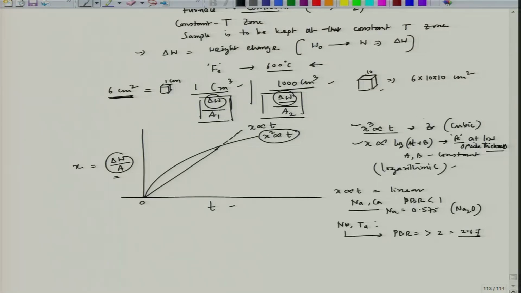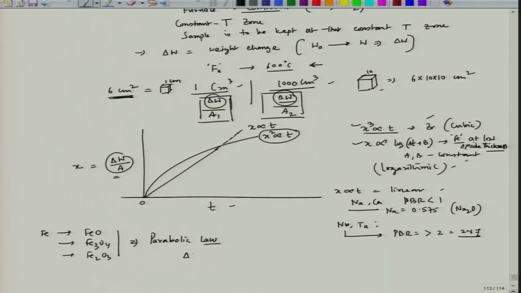Now, we could see that there is a cubic law, a logarithmic rate law, a linear rate law, and in case of iron to iron oxide, Fe3O4, or it can be going to Fe2O3, there we can see that the parabolic rate law is valid.